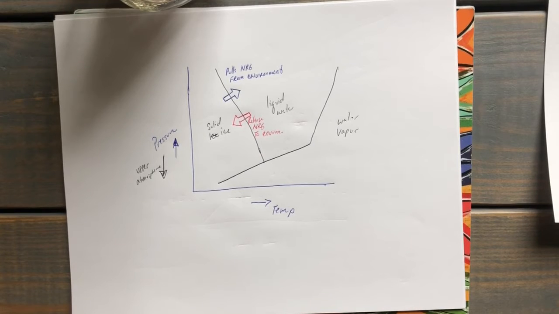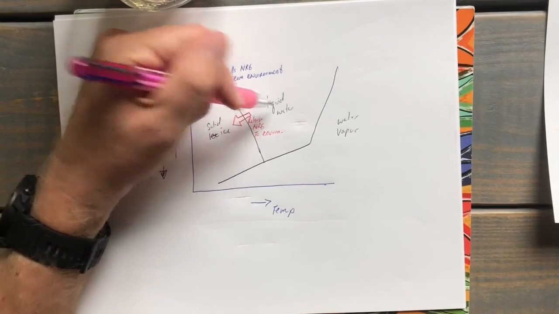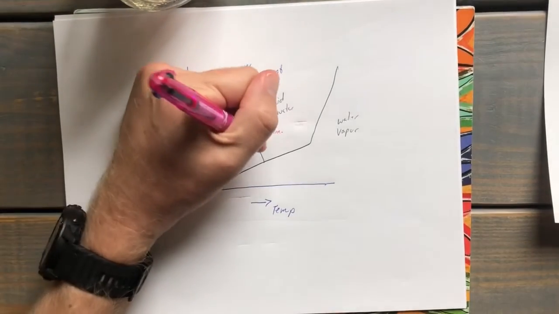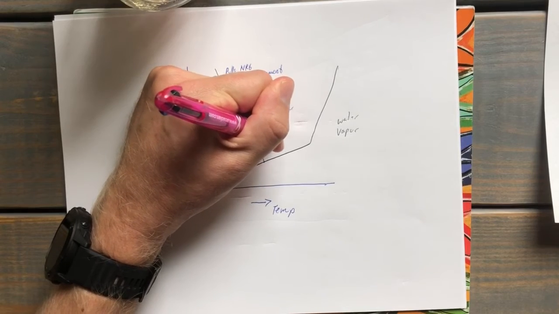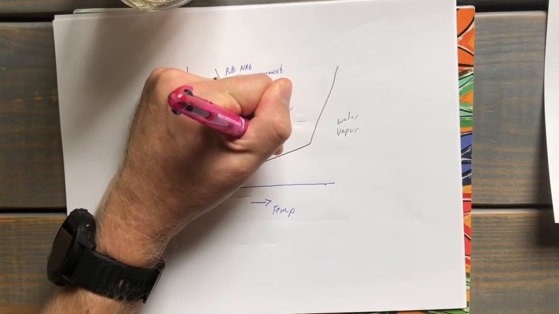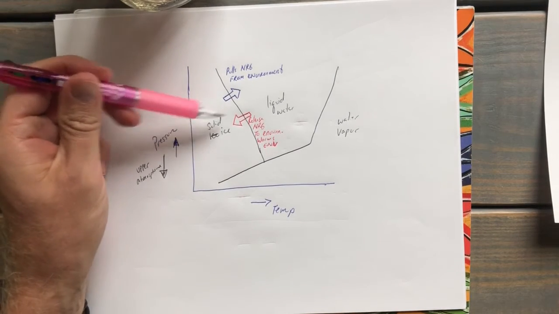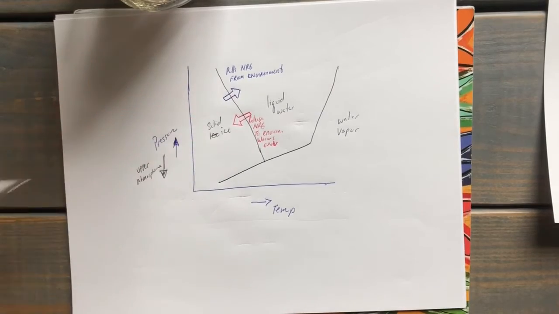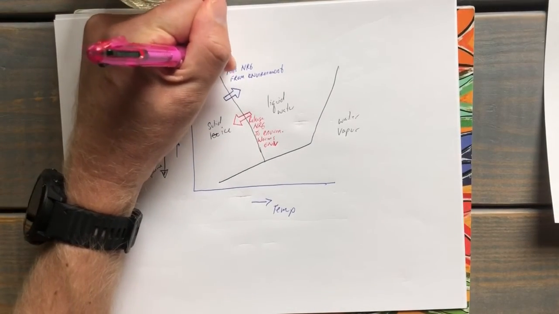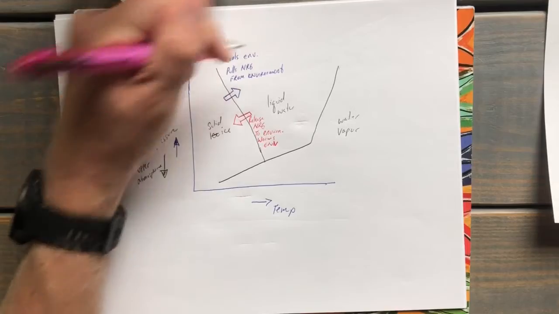So what I'm about to say kind of feels counterintuitive, but it's 100% true. The conversion of liquid water to solid ice warms up the environment, whereas the conversion from ice to liquid, the melting of ice, cools the environment.